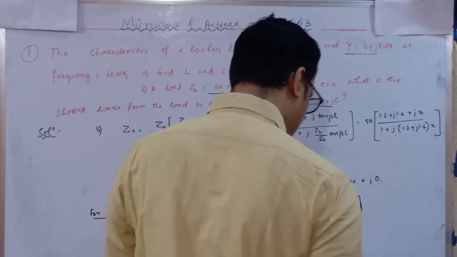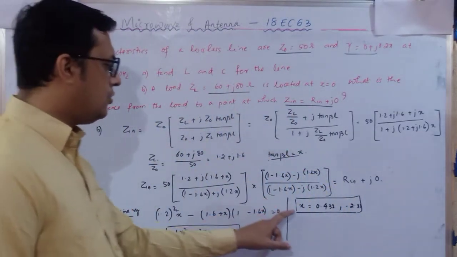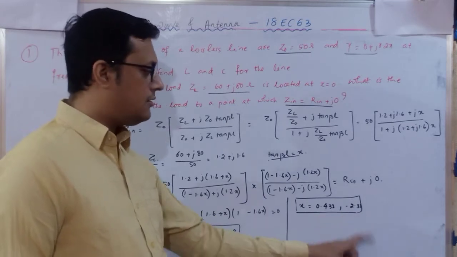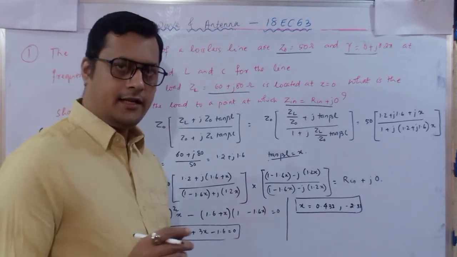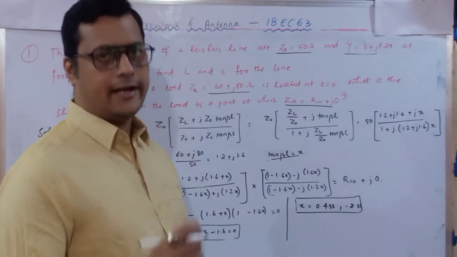After solving the quadratic equation, you will get two values, x equals 0.433 and minus 2.31, and the distance, electrical displacement, won't be a negative quantity.